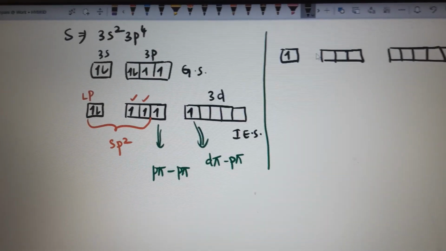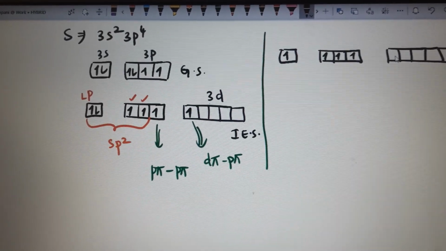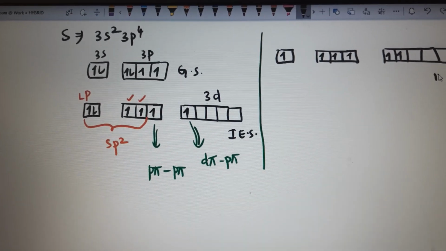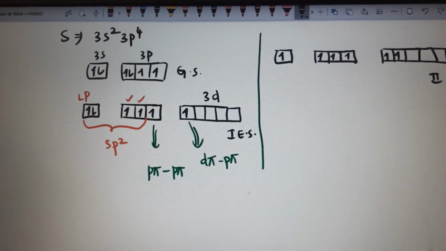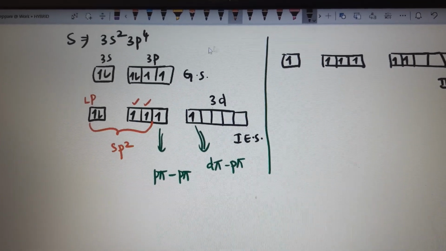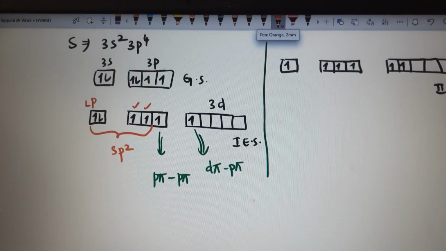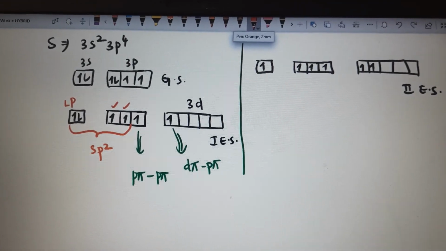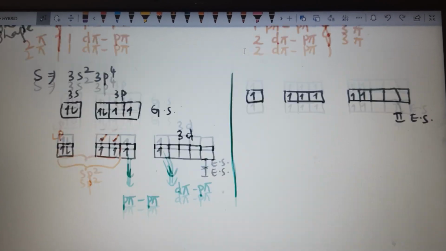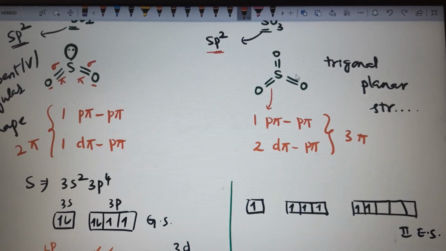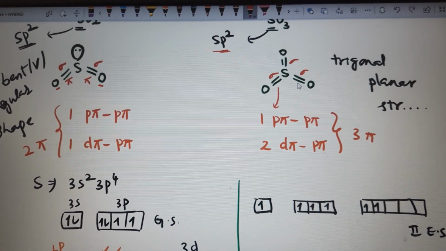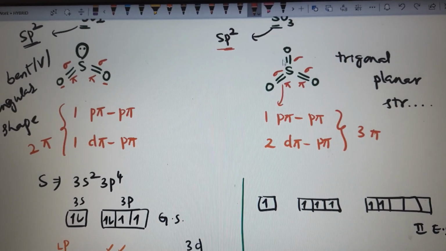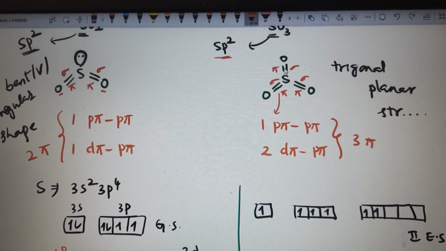Two electrons are excited in the second excited state. How many sigma bonds? Sigma, sigma, sigma; pi, pi, pi: 3 sigma and 3 pi.